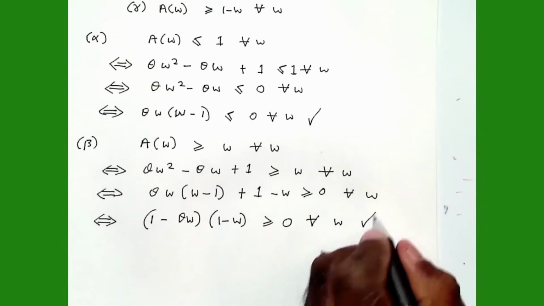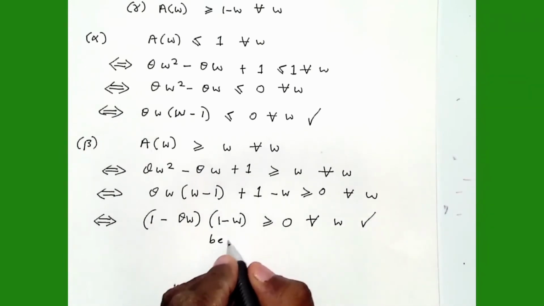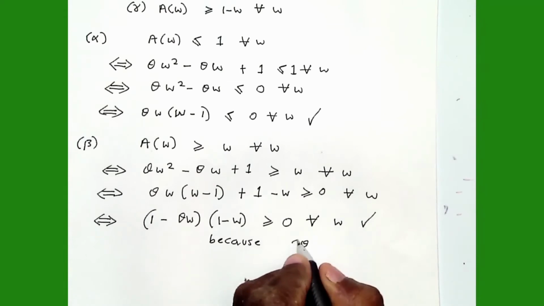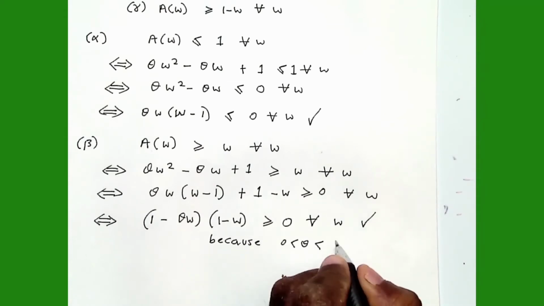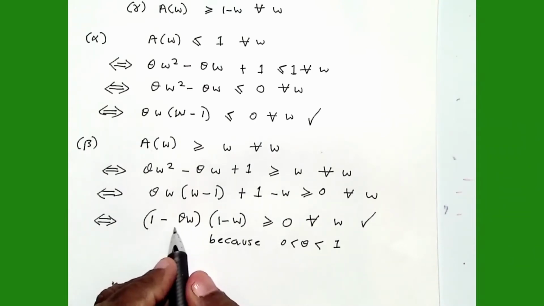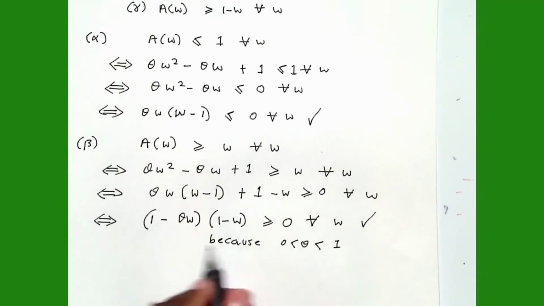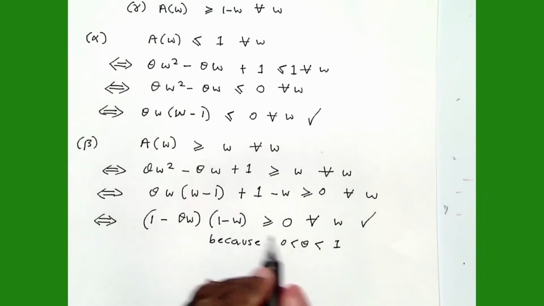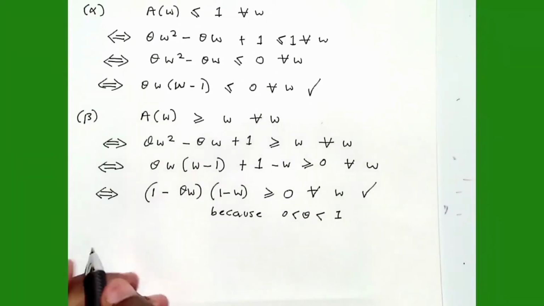This is also true because I don't know whether I said in the question that theta must be a number between 0 and 1. Okay, so that means 1 minus theta w must be non-negative, right, if theta is between this and this. And 1 minus w is also non-negative, right, so the product must be non-negative, right.